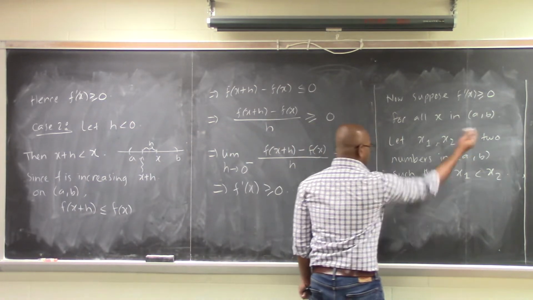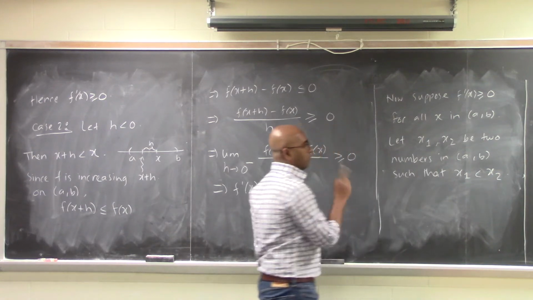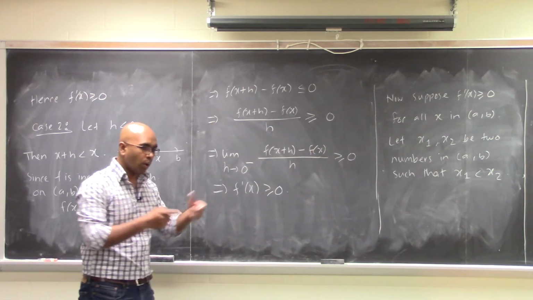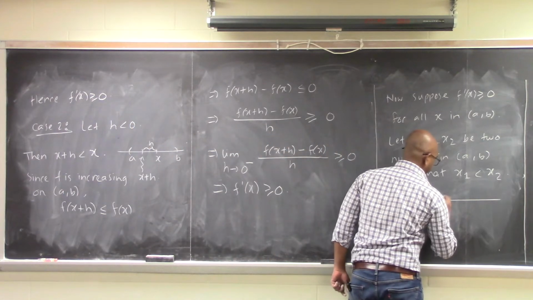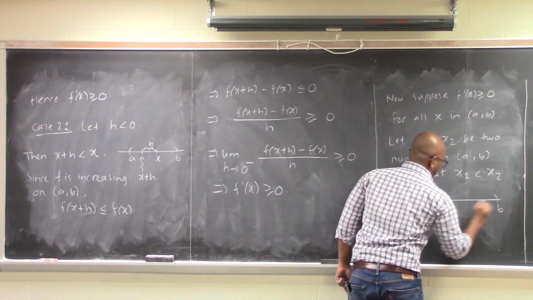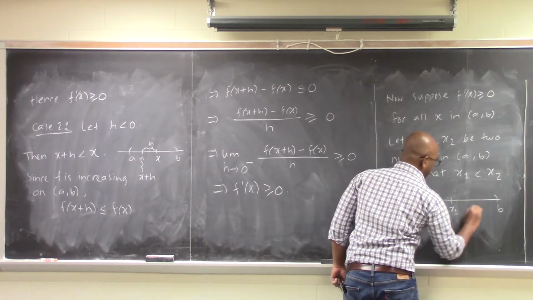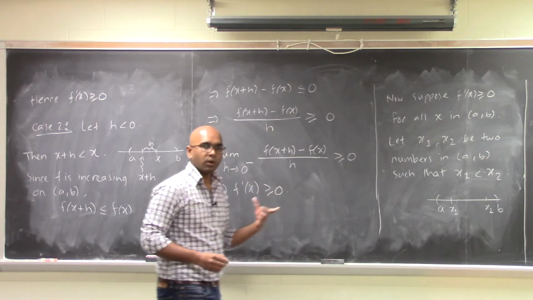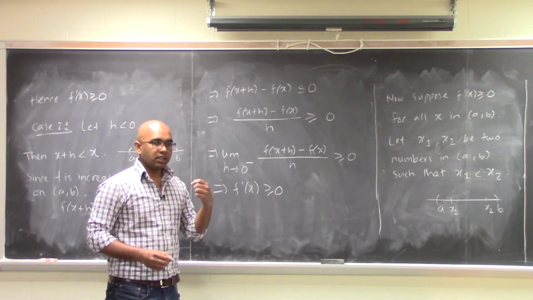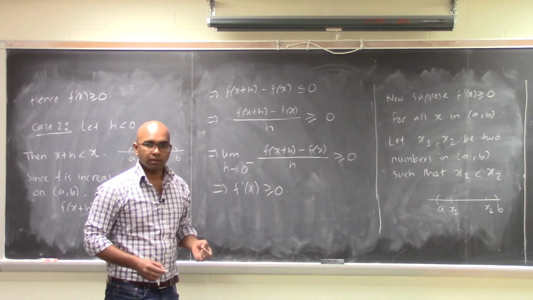Okay, now our function f is differentiable on the whole interval a to b, right? And let's say this one is x sub 1, this one is x sub 2. So my function f is differentiable in the whole interval (a, b), and differentiability implies continuity, right?